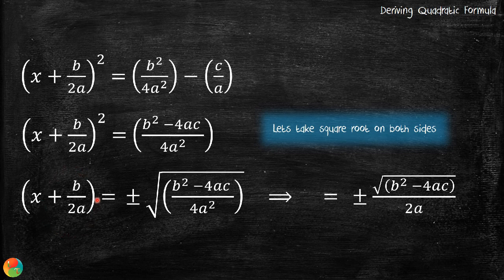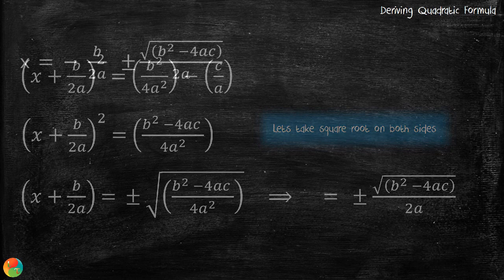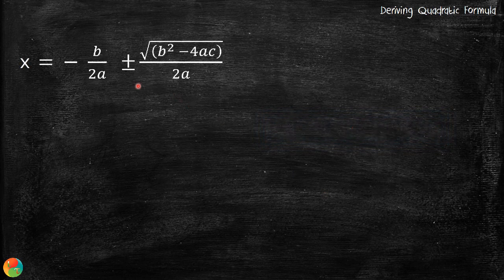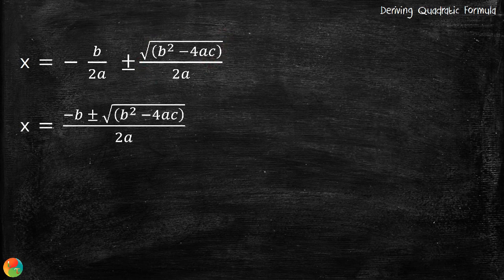Now I'll take this b/2a and shift it on the right hand side of this equation and rewrite the equation as -b/2a ± under root (b² - 4ac)/2a. And in the next step, I'll again take the LCM of the denominators on the right hand side and write this equation like this, which is actually our quadratic formula.